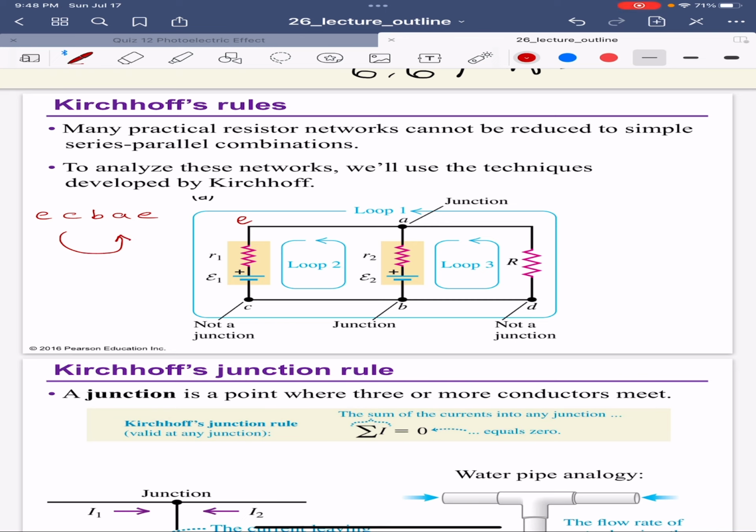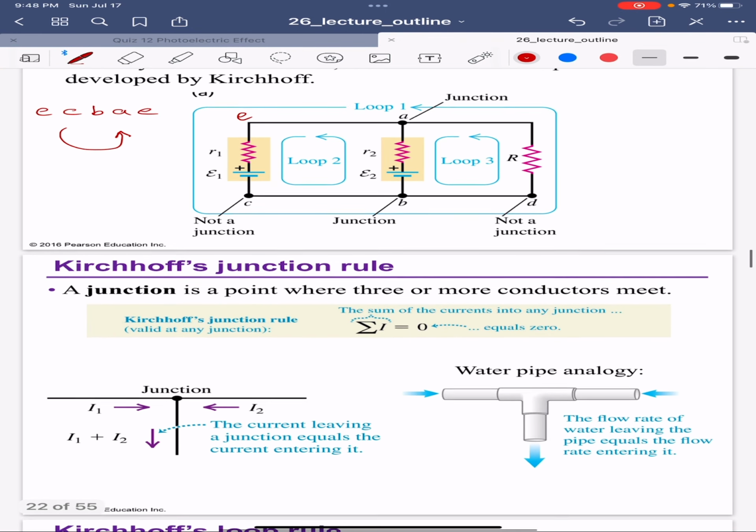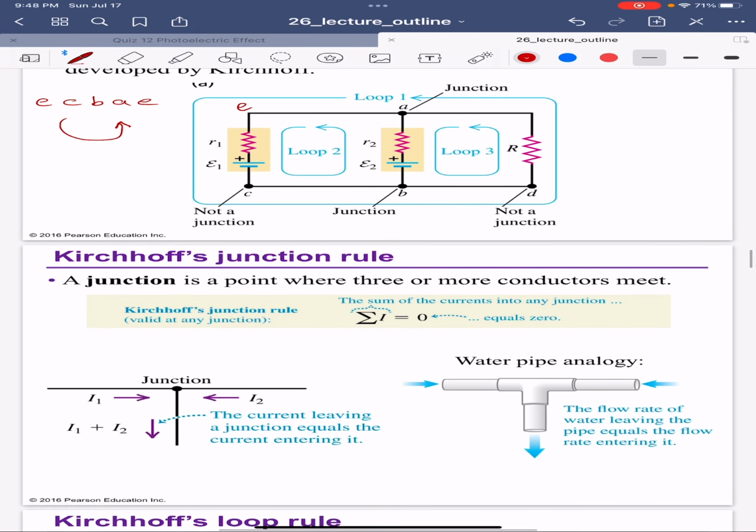Also, I can have a loop 1, which is the external one for all. I can have loop 2, which is the one on the left. I can have loop 3, which is on the right. Now, the junction here is where we have branches of current. The current is going to branch.